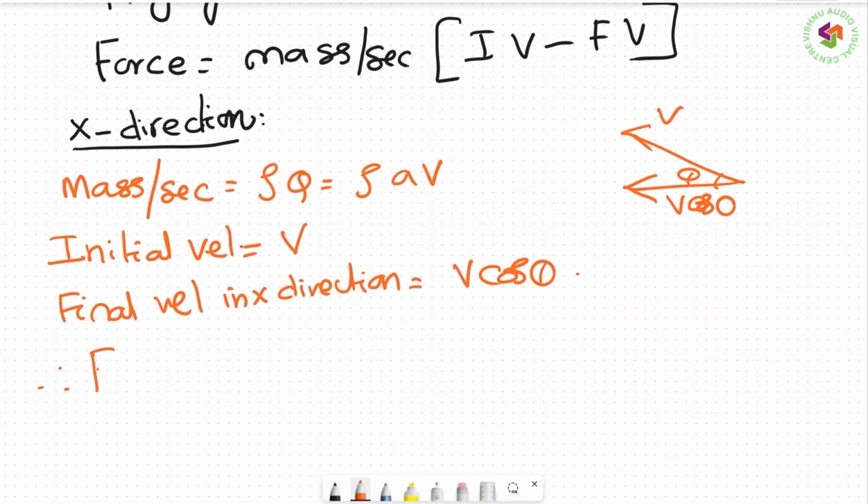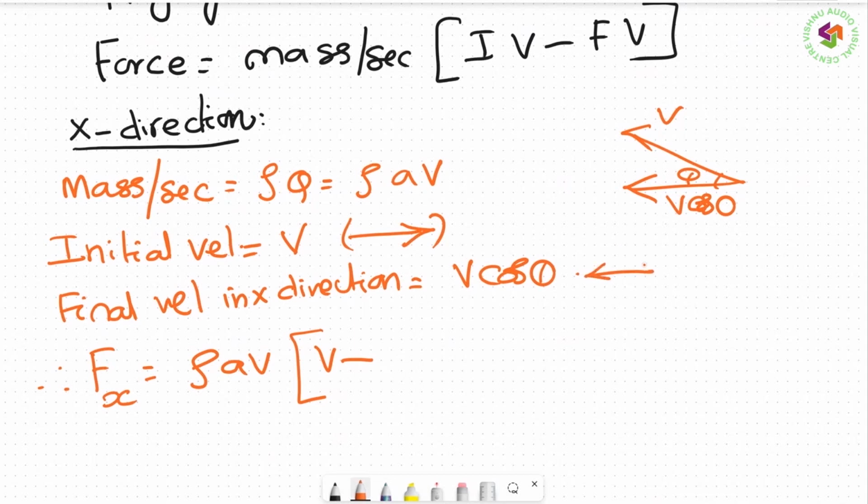Therefore, Fx is equal to rho A V into V minus of. Again, see, V is in the positive direction of the x-axis, while V cos theta is in the negative direction.